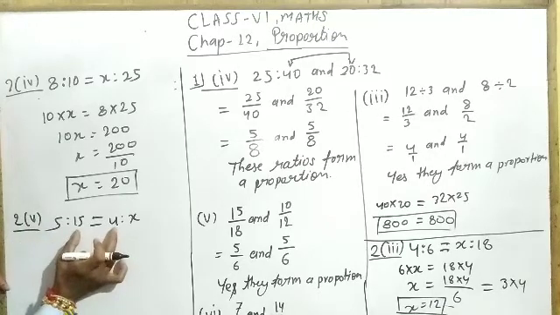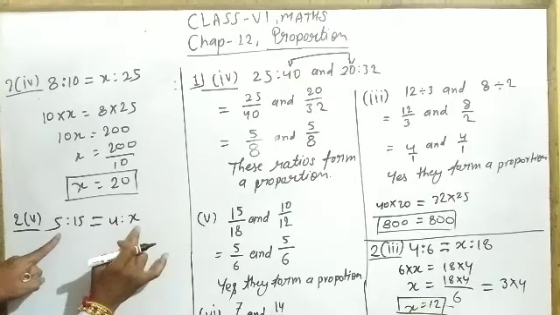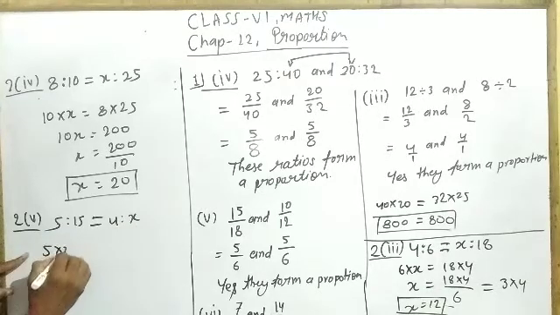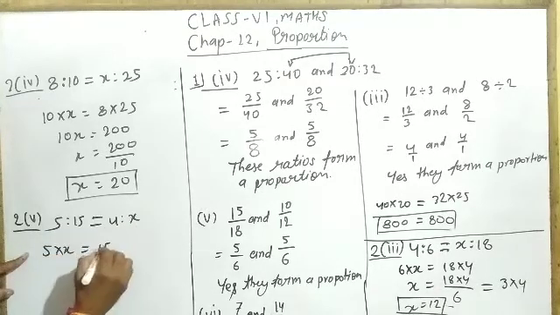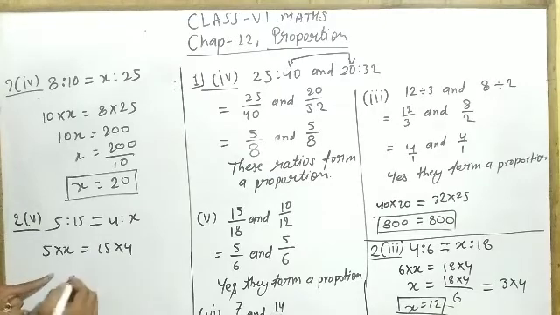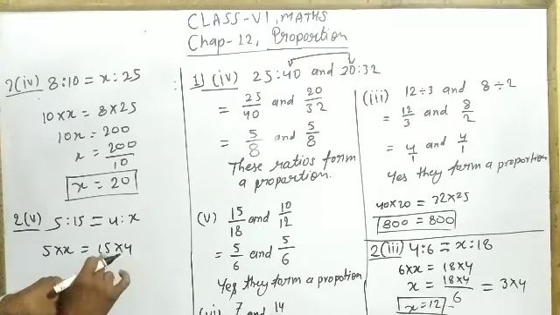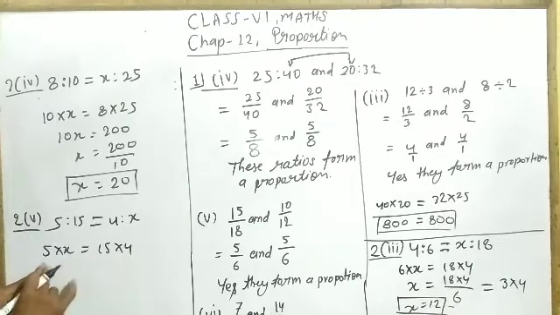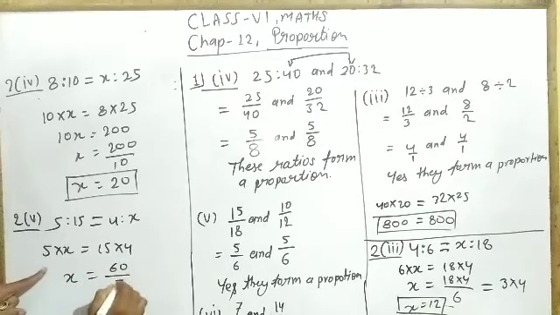It means product of means equal to product of extremes. So 5 into x, and 15 into 4. You can cancel 15 by 5: 5 times 3 is 15, and 3 into 4, so 12 will be the answer. Or you can write it another way: first multiply 15 into 4 is 60, divided by 5. So 5 times 12 is 60. Same thing, x equals 60 upon 5, then x equals 12. This is the value of x.